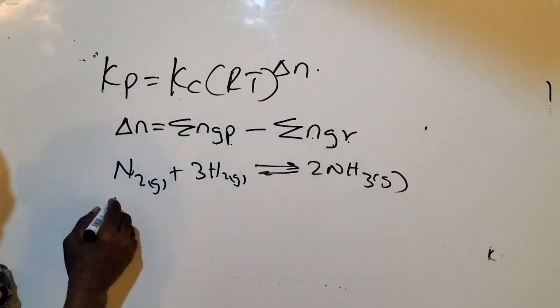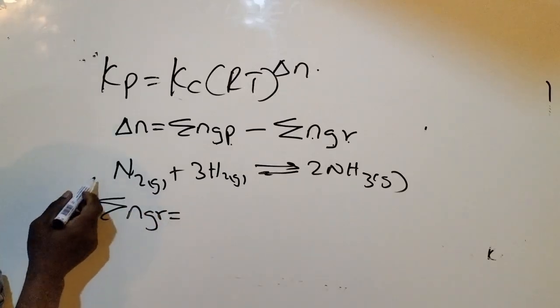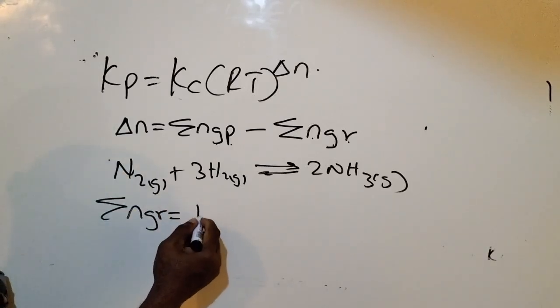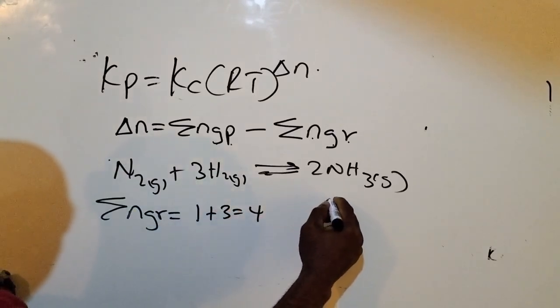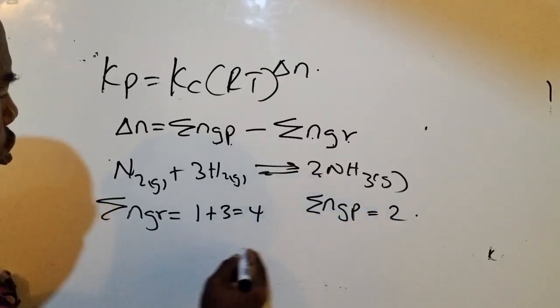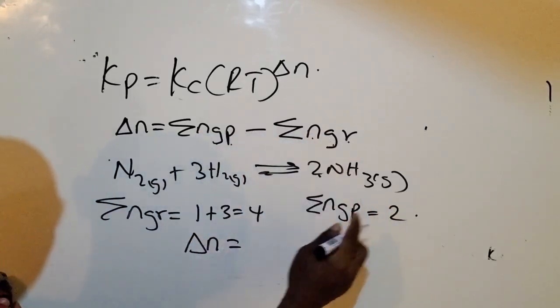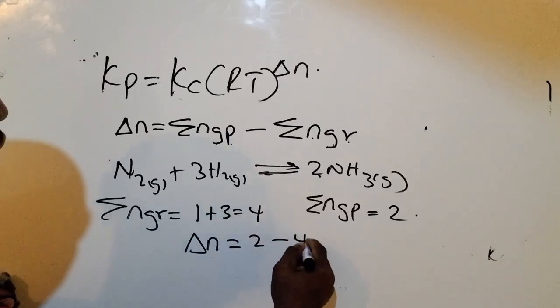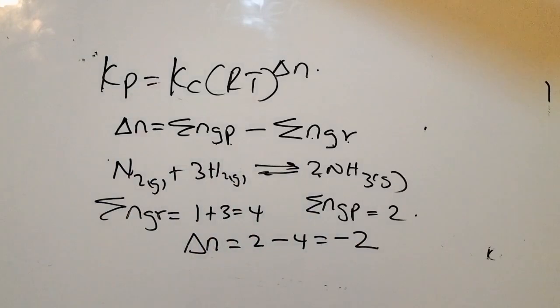The number of moles of gaseous reactant is 1 mole of nitrogen plus 3 moles of hydrogen, that gives us 4 moles. For the gaseous product, there's only 1 gaseous product, which is 2 moles. So the change in mole becomes product minus reactant, that is 2 minus 4, giving us minus 2 for this particular reaction. So you see that.